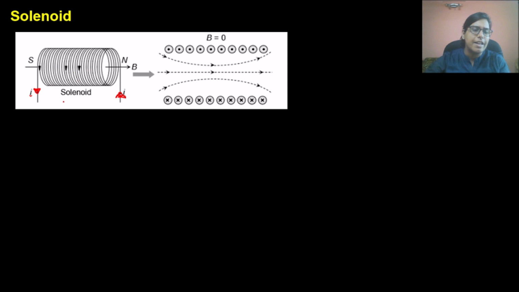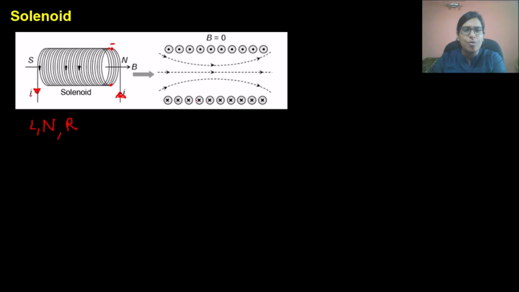And suppose the length of this solenoid is L, the number of turns is N and the radius is R. Now if we draw the solenoid like this, at this point current is coming outside the paper, and at this point current is going inside the paper, so we can draw the solenoid like this, right?